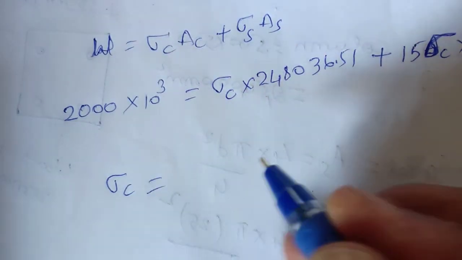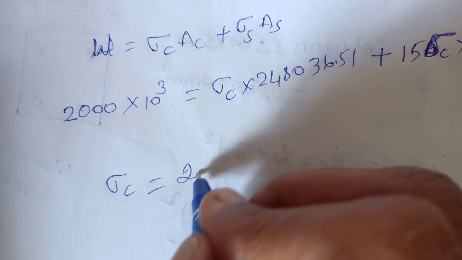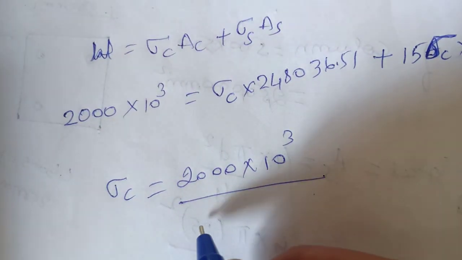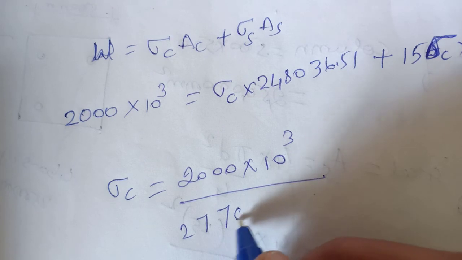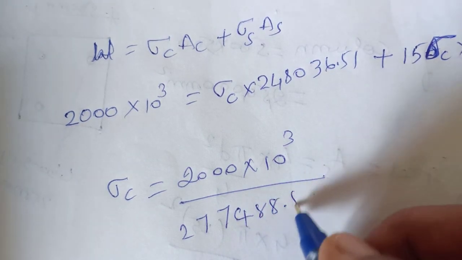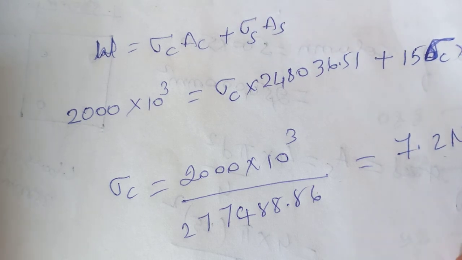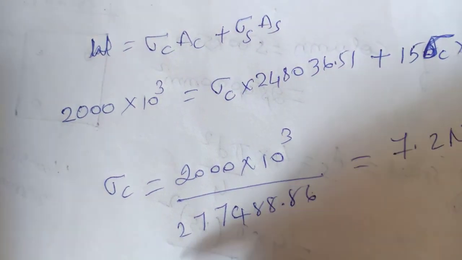So sigma C will be, after solving the equation, 2000 into 10 raised to 3 divided by 277,488.86, and that you are getting as 7.2 Newton per mm square.